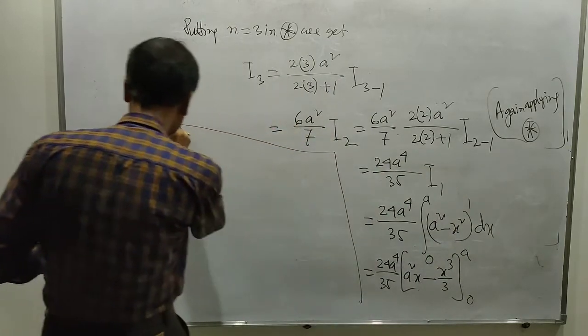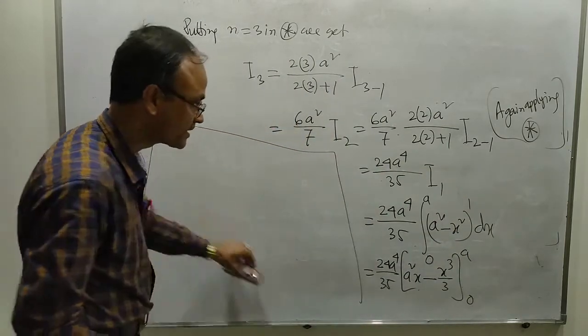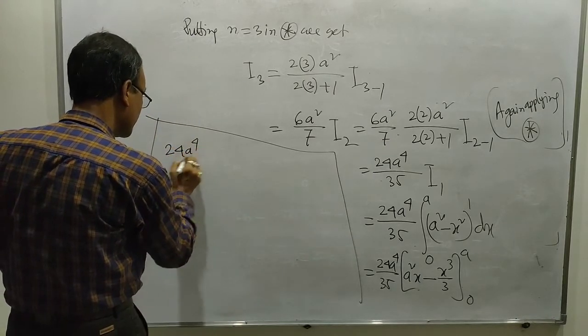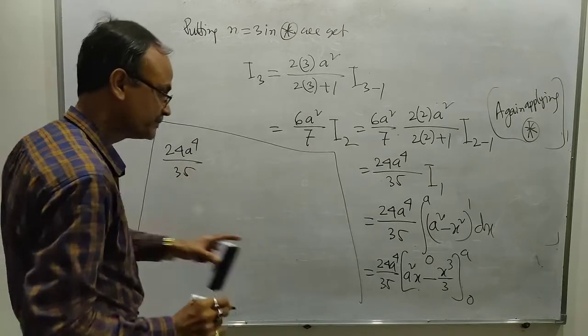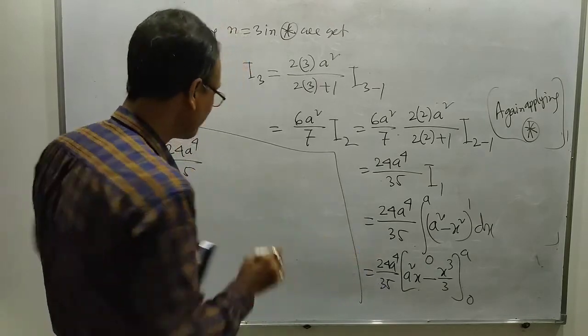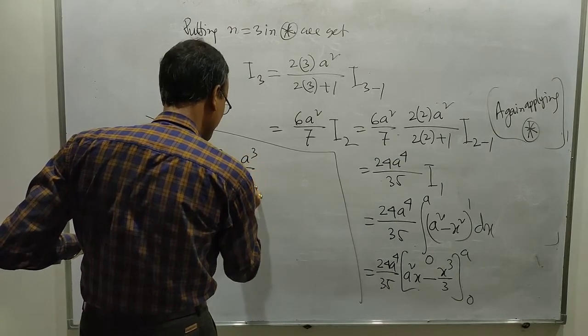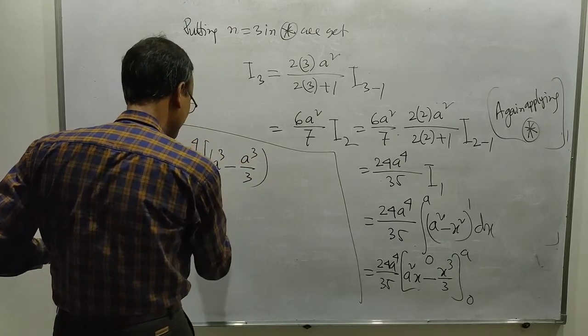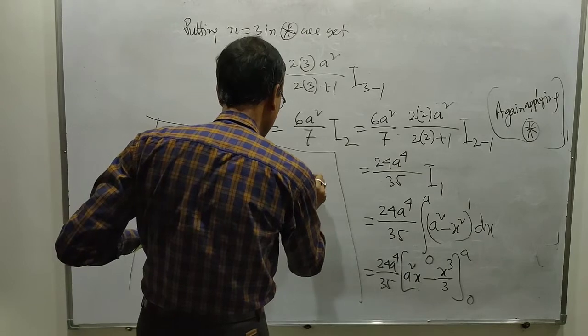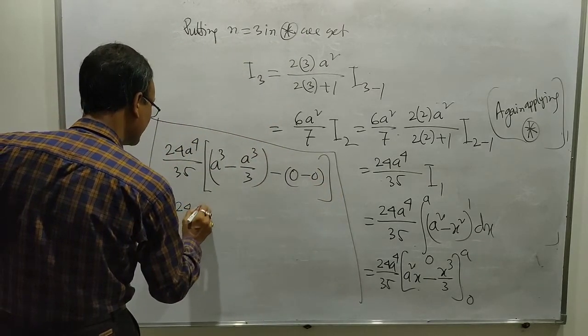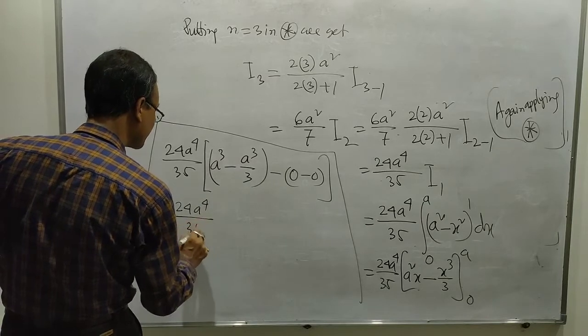Now last part I am writing here. 24 a to the power 4 divided by 35. Put a cube minus a cube by 3 minus 0 minus 0.